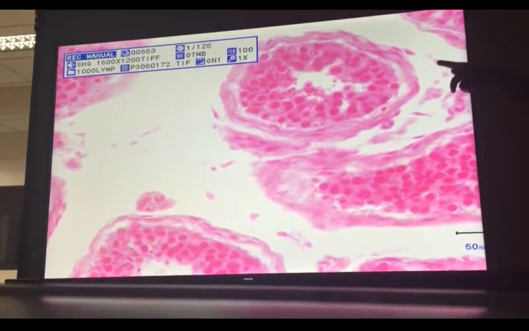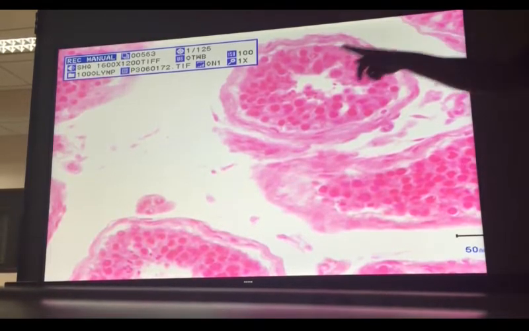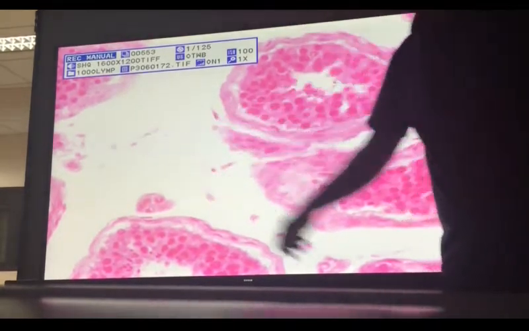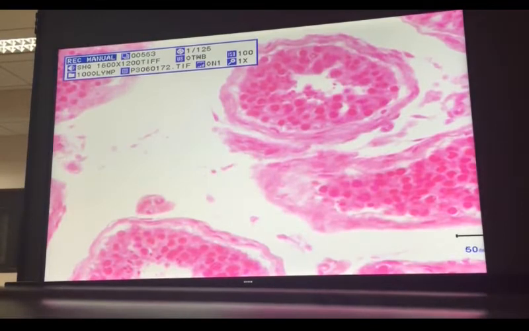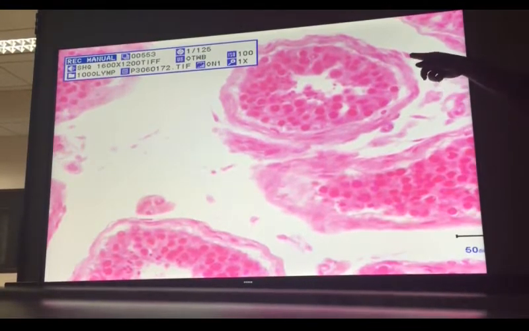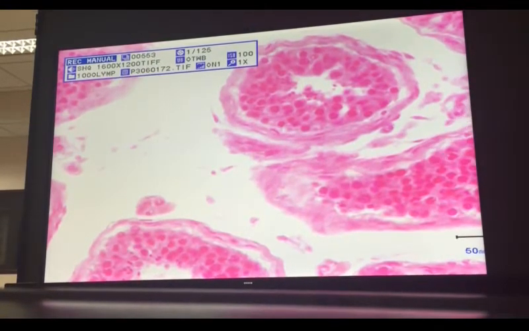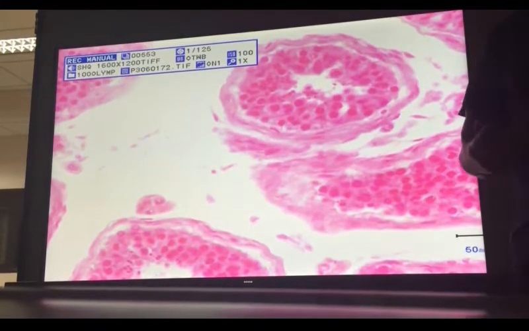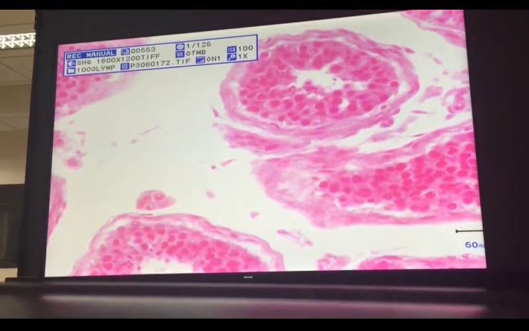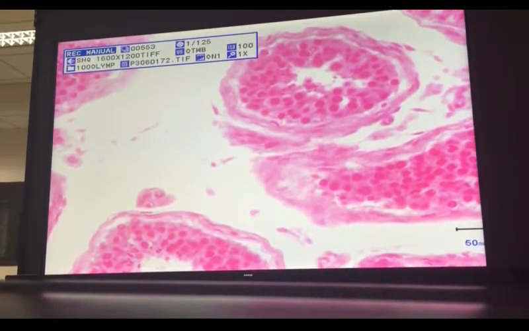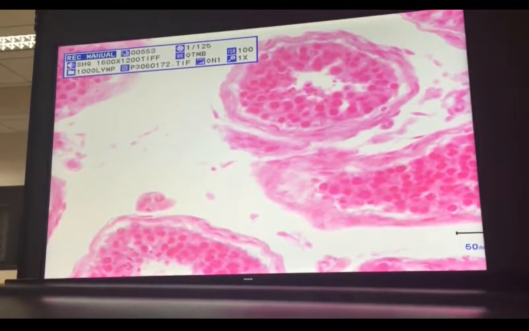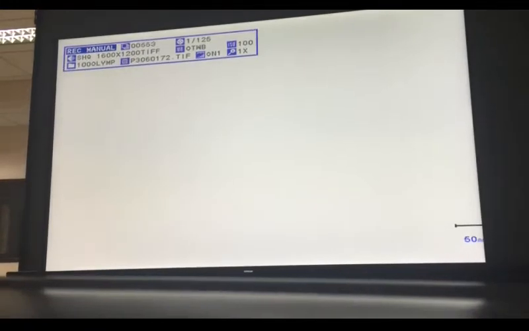These are the cells responsible for producing the collagen fibers in the loose connective tissue of the interstitium. This cell should be called? Very good. Fibroblast.